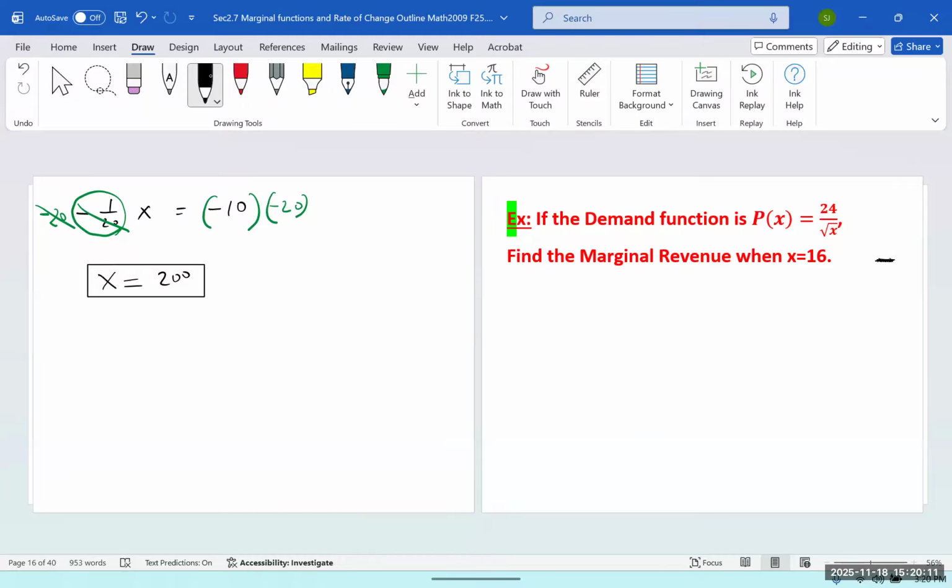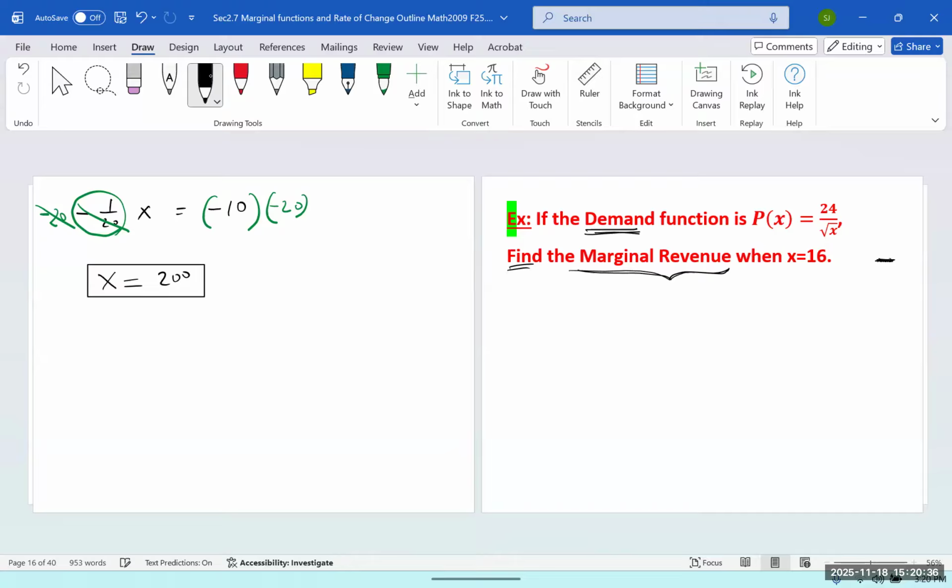The next one is asking, the demand is given by this function. So they give us the demand function. But what are they asking for? Find what? Marginal revenue.